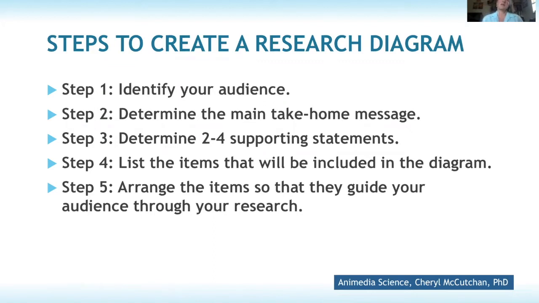You have to have some sense of what that audience is when you start designing, because that's going to influence what you put in your diagram. If it's a general public audience or maybe just a biology audience, you want to be careful with the kinds of information and jargon you use in your diagram and the assumptions you make about your audience.